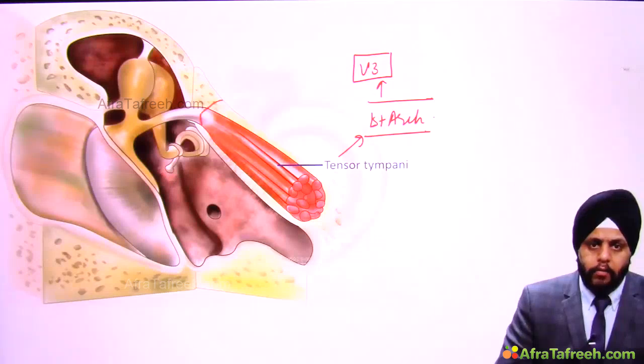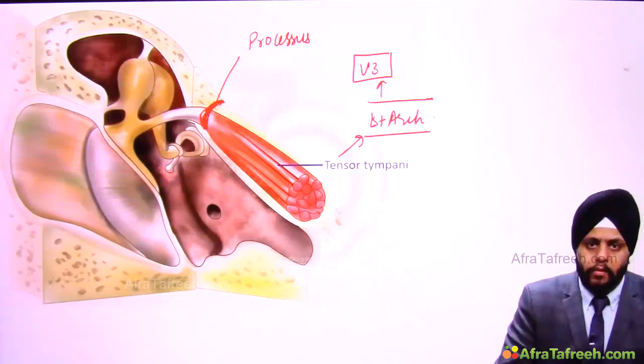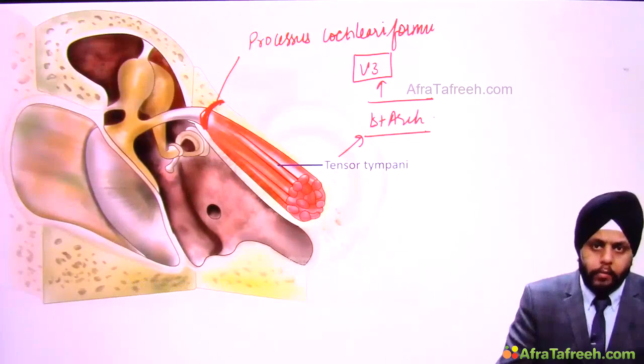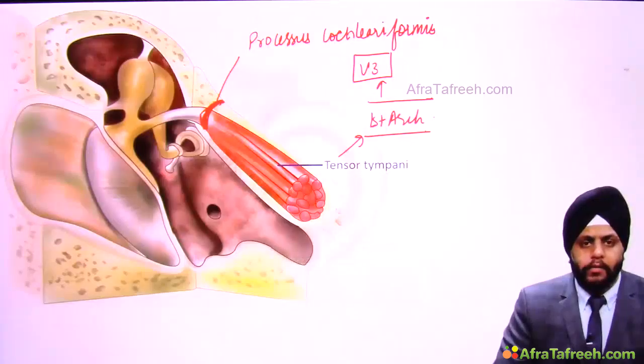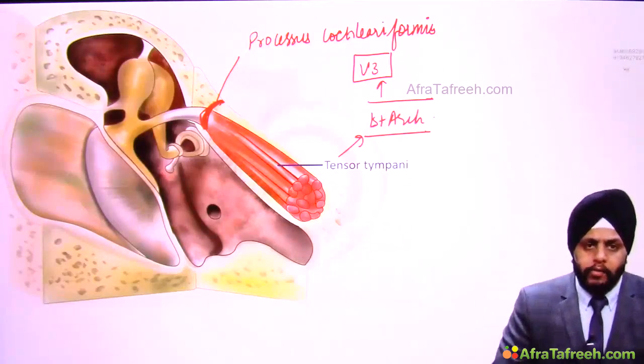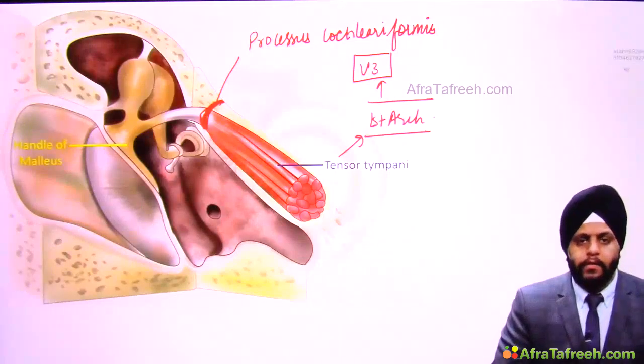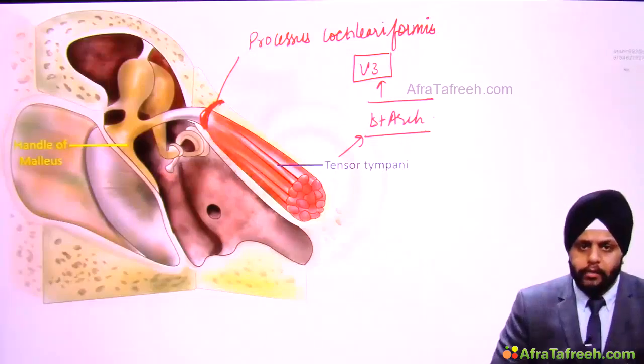Now on the medial wall, we know it has a hook-like structure. We call that processus cochleariformis. So it hooks around this processus cochleariformis, takes a turn and attaches to the handle of malleus. So this is our first muscle, tensor tympani.